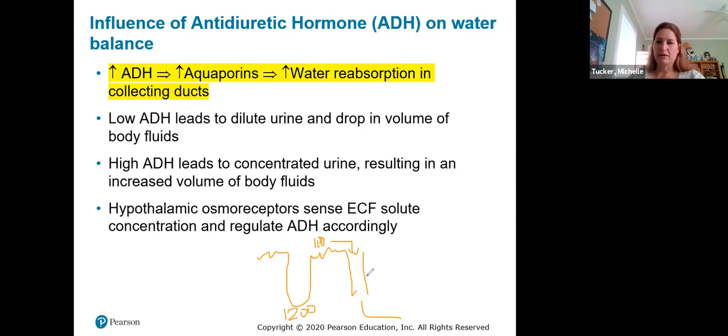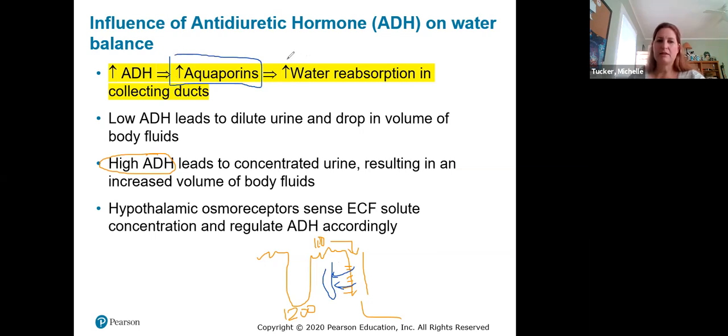If we are dehydrated and need to reabsorb water, so high ADH, then ADH is going to place aquaporins in the collecting duct so that water can be reabsorbed. It leaves the collecting duct and then enters the vasa recta for reabsorption. So high ADH increases the number of aquaporins.